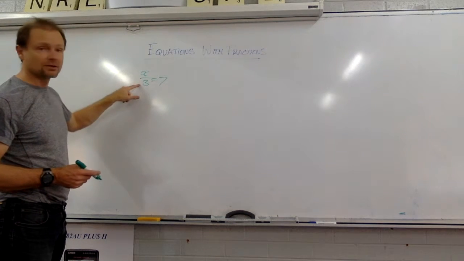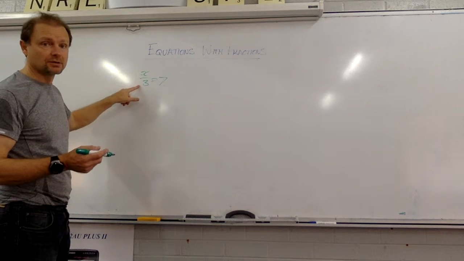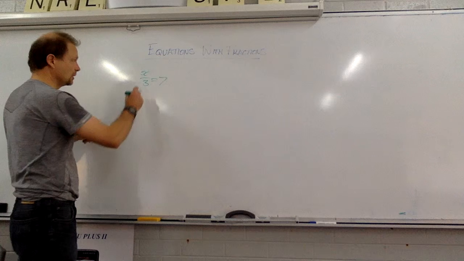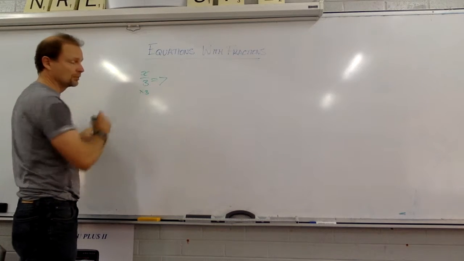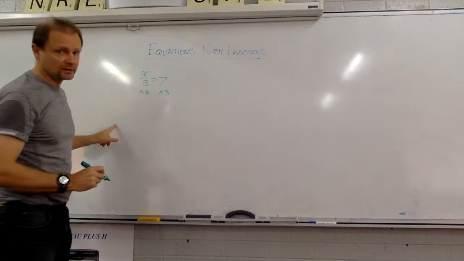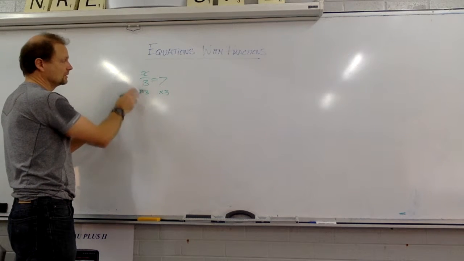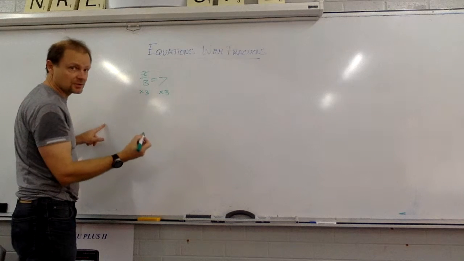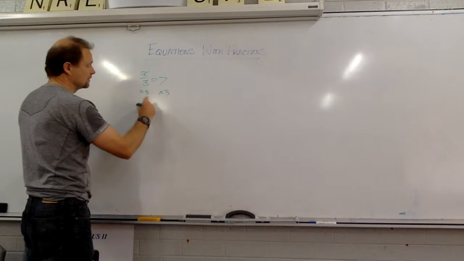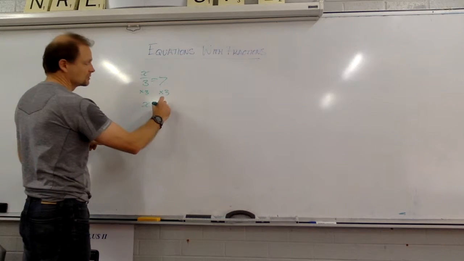So getting rid of the 3 is as simple as doing the inverse operation. Inverse of divide by 3 is multiply by 3. Got it right this time. Then we do the same to both sides. When we've got 3 divided by 3, these cancel out, as we've expected, we're left with x on this side, and 7 times 3 is 21.